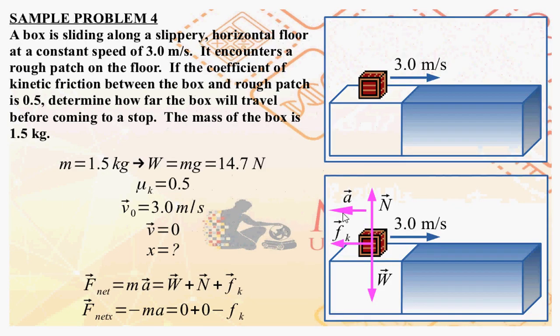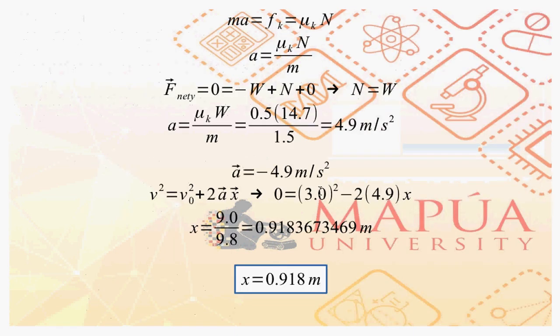But the acceleration vector is heading in the negative direction. So, when we convert this back into vector form, vector a is equal to negative 4.9 meters per second squared, because of the negative direction.